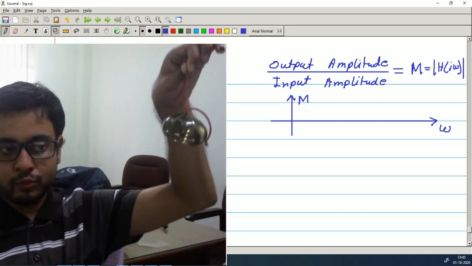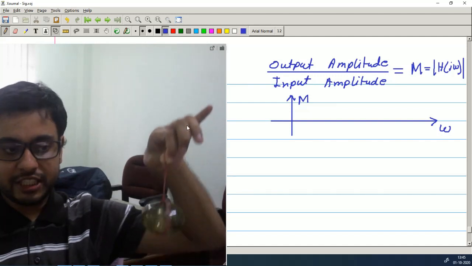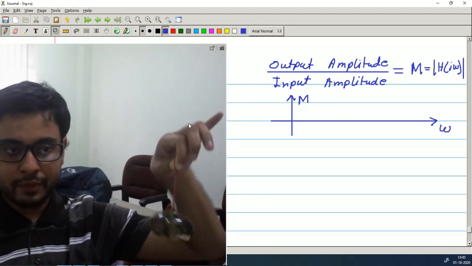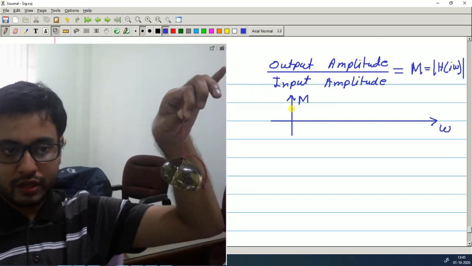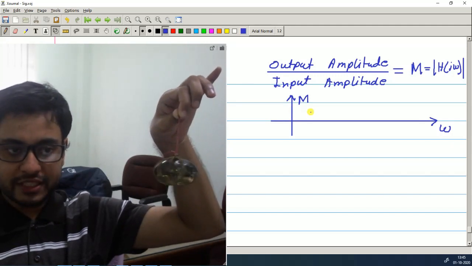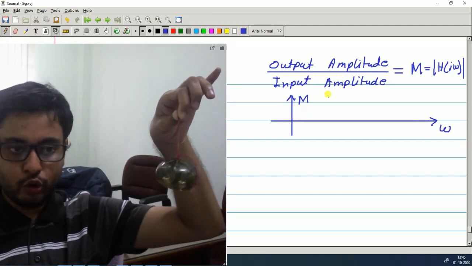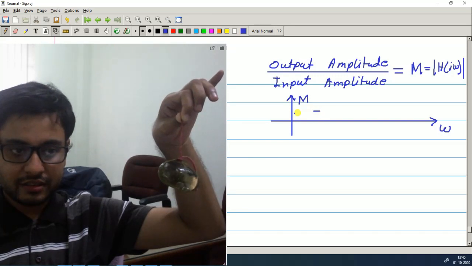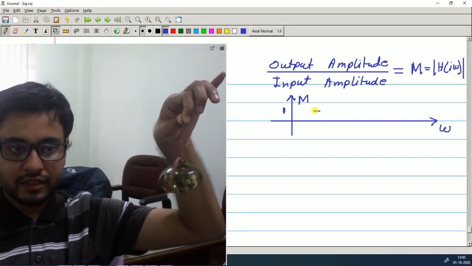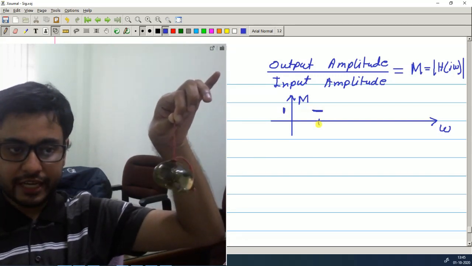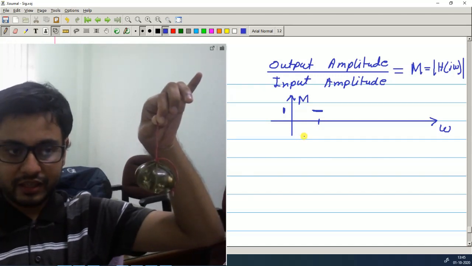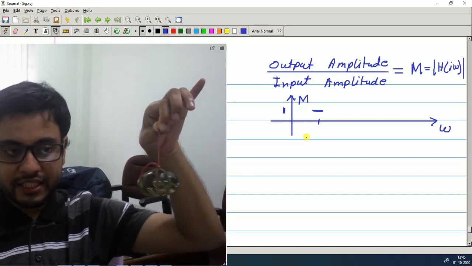As much as I am moving my finger, the weight is also moving by the same amount. So at very low frequency, this ratio will be 1. If this point is 1, it will be something like this at a very low frequency. Then let me increase the frequency.